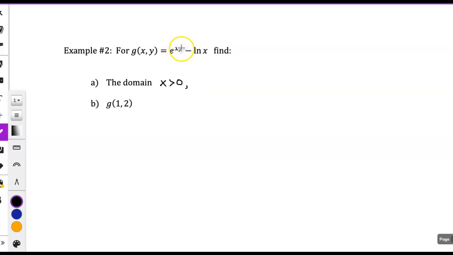Y is just in the exponent here, so y can be anything. The way you say that is y is an element of, that's what this little e is, the real numbers. So y can be anything. There are no stipulations on what y can be. And then they want us to plug in 1, 2.